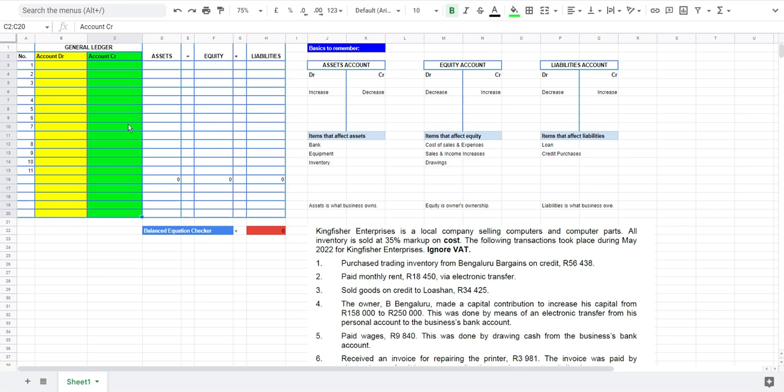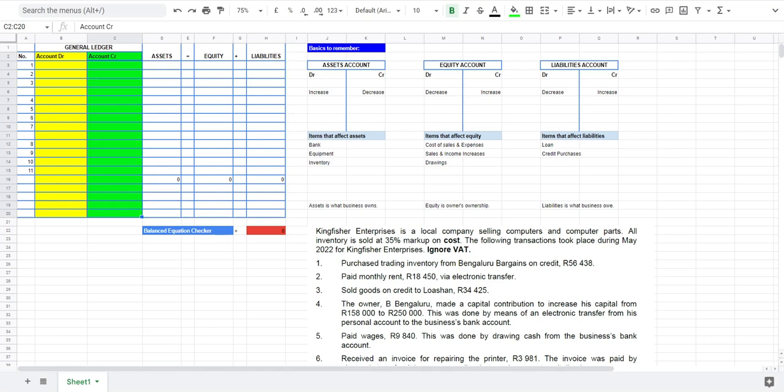So you will credit creditors control, and liabilities increase on the credit side. So you will write the account in the green column there.